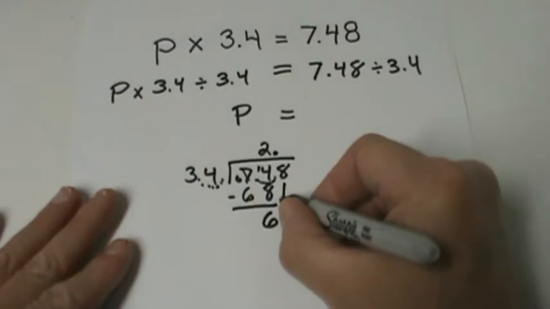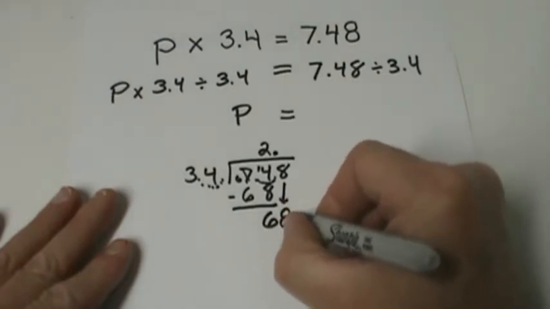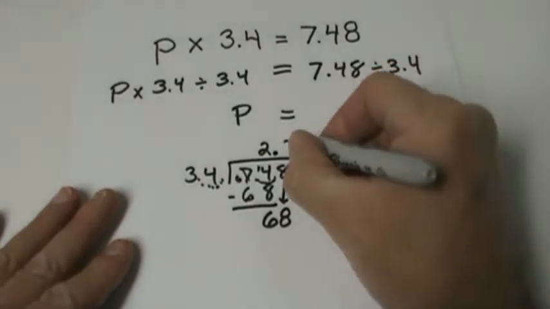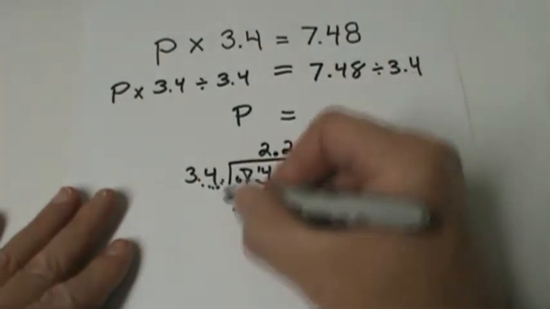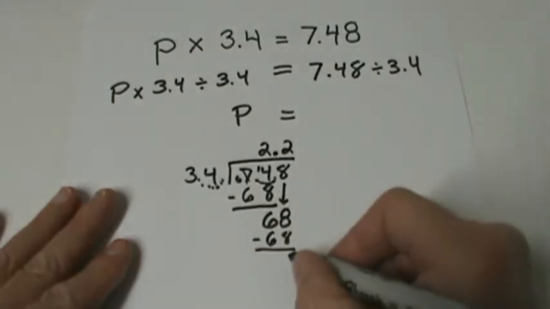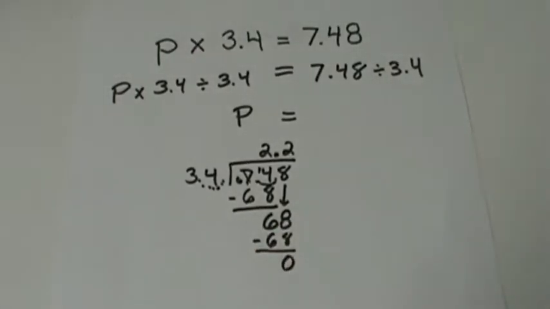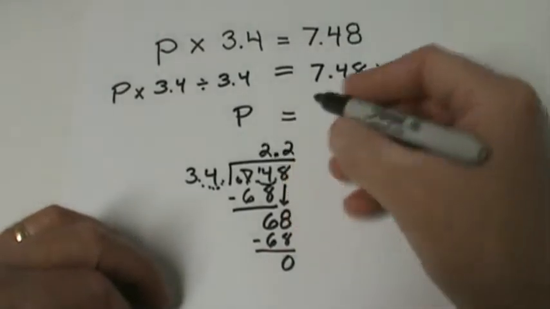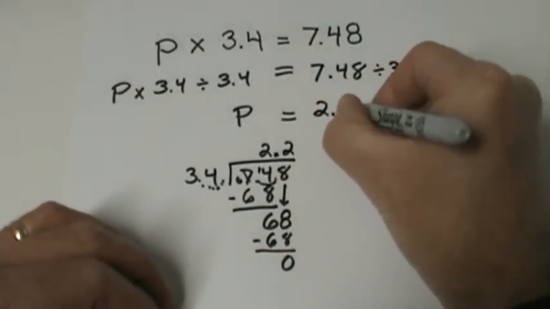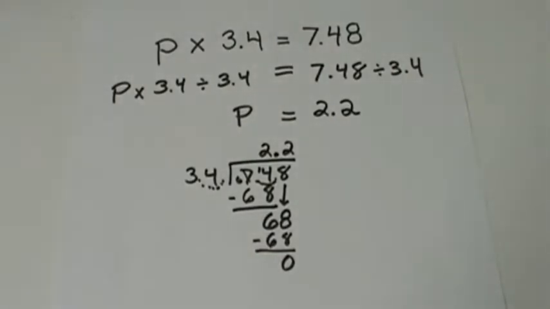And look at this. We bring down our 8, and now we have 34 into 68, which is easy enough to do because we just did it up here. 2 times 34 is 68, and we subtract, and our decimal terminates. Now we know the value of P. The value of P is 2 2/10.